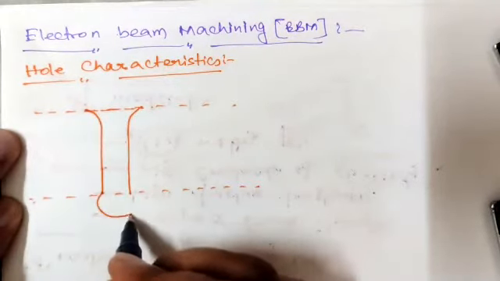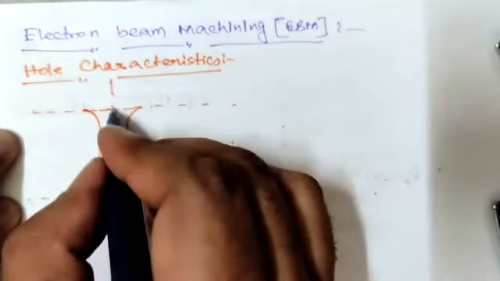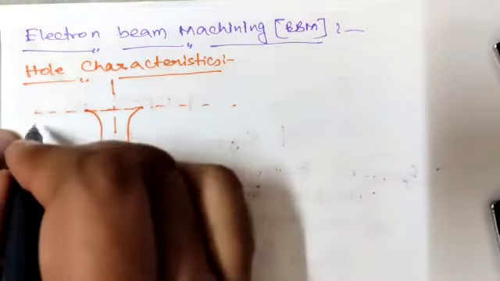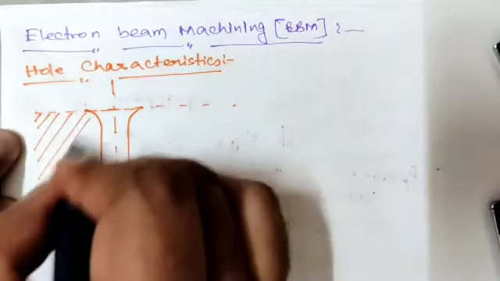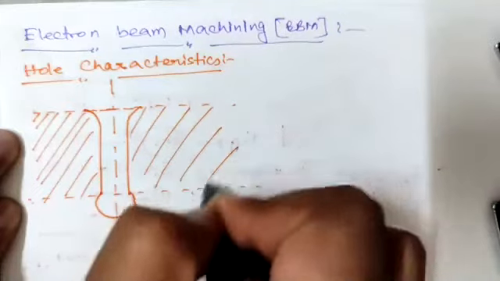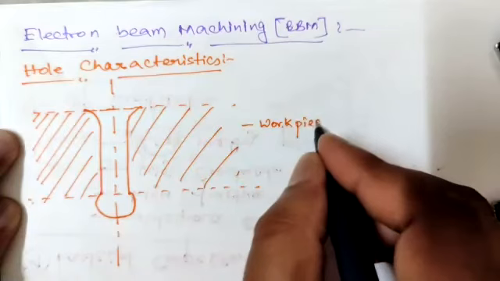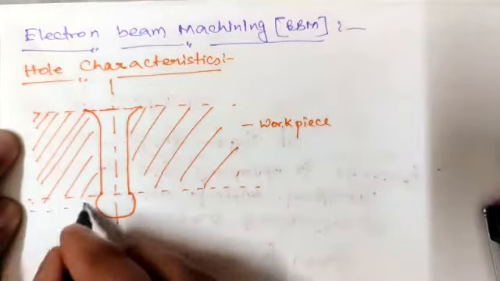Here we have got the bulb, right? This one is nothing but the workpiece, and here we have the auxiliary material.